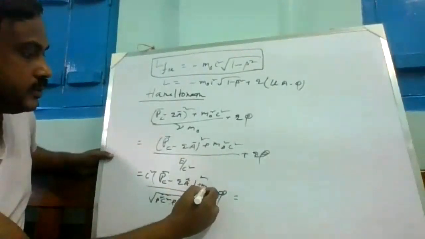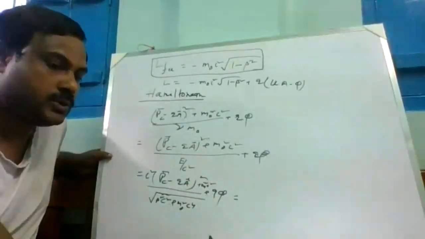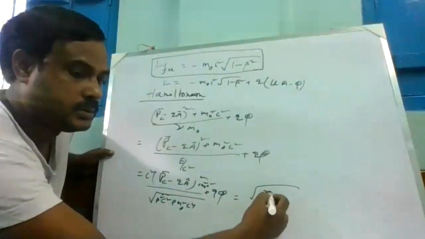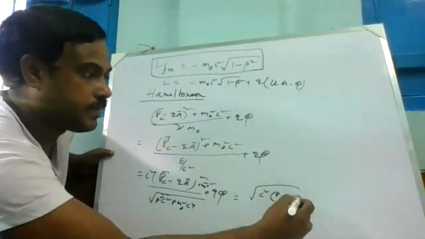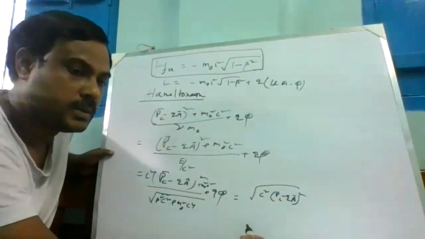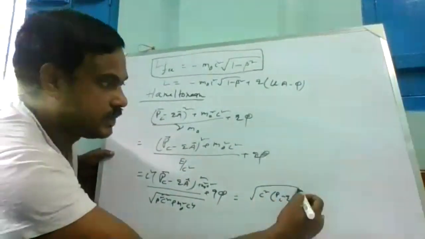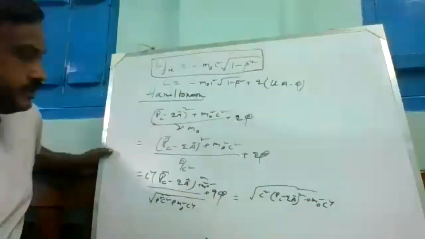So this calculation will come out to be the root of c² (Pc minus qA) whole square plus m0² c⁴.